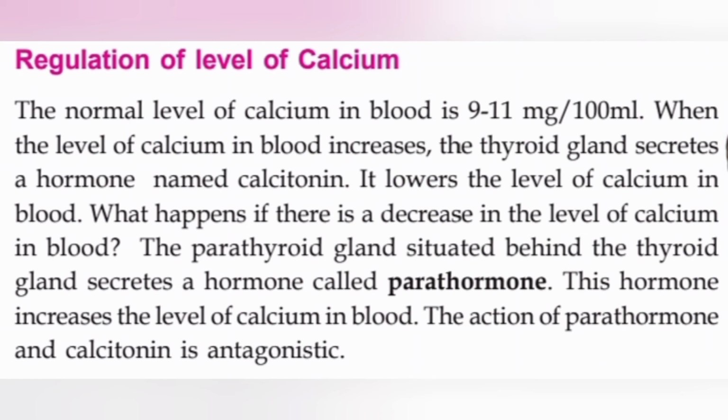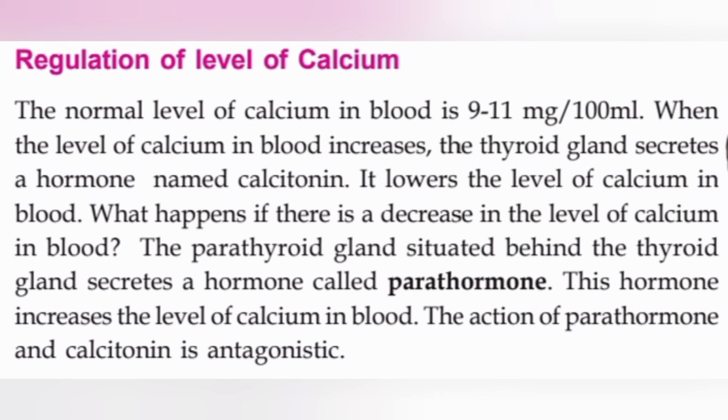So, what happens if there is a decrease in the level of calcium in the blood? There is another gland named the parathyroid gland, which is situated behind the thyroid gland and secretes a hormone called parathormone. This hormone increases the level of calcium in blood.